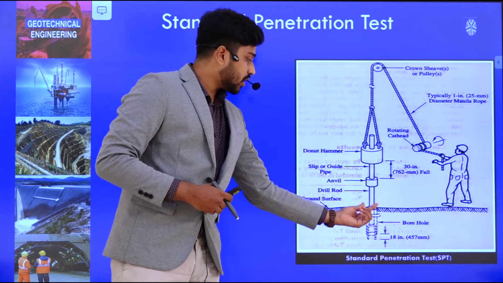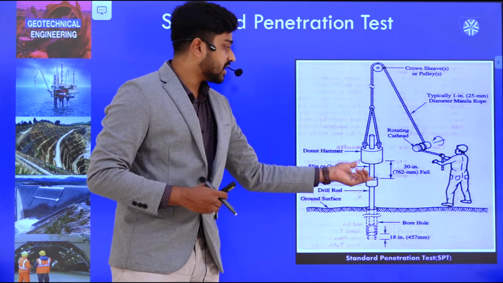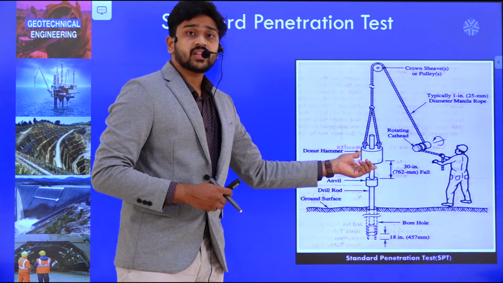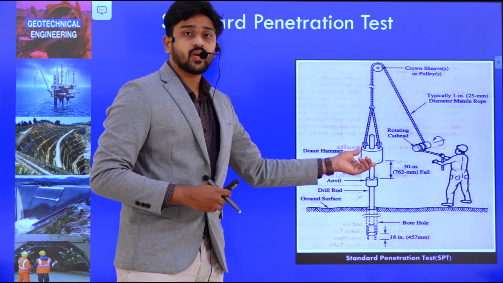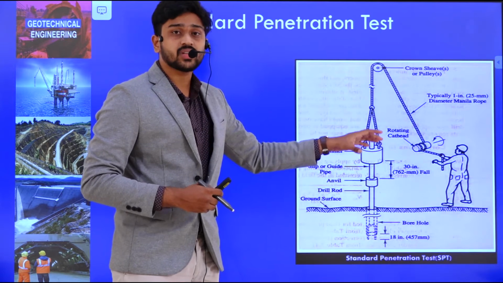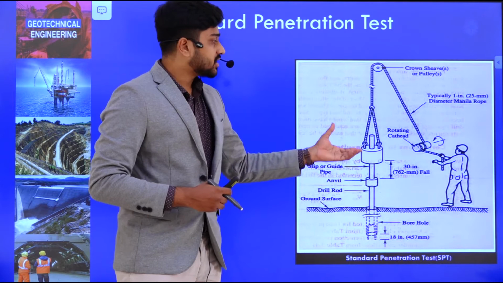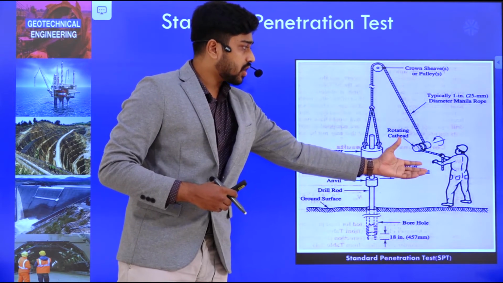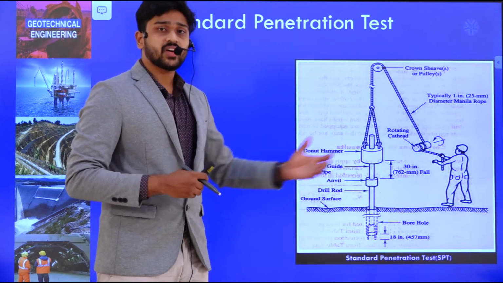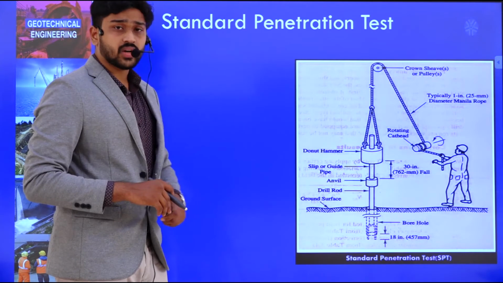This drilling rod is attached to an anvil here, which in turn is attached to some arrangement that is attached to a hammer. Since it is a standard penetration test, some hammer load is given for driving this penetration. Clear? This is given with a normal hand pulley, but in general a mechanical device may also be attached to it. Clear? So this is the total arrangement.